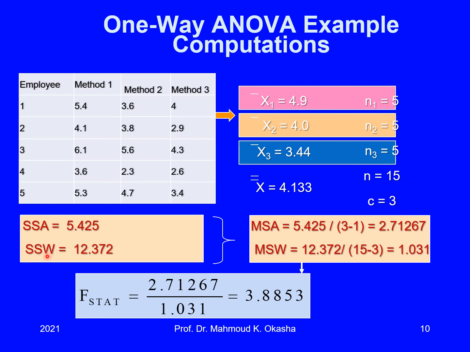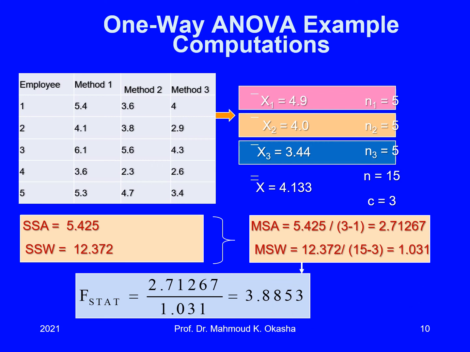MSW we get by SSW divided by n minus c, which is 15 minus 3. The F statistic is MSA over MSW, and we get this value, 3.8853. That's the F statistic.